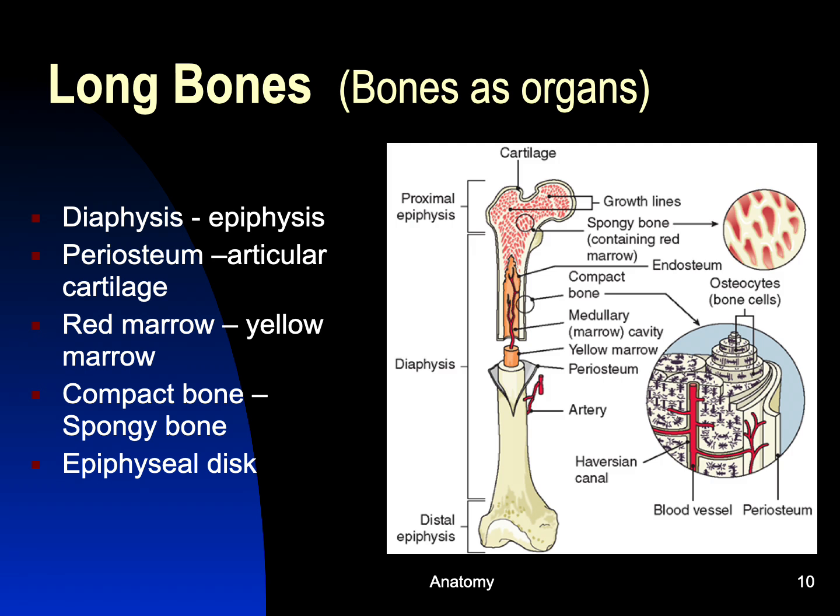It's a tube of mostly compact bone that has a hollow space inside it that's filled with yellow marrow, which is basically adipose tissue. The diaphysis is wrapped by a connective tissue membrane called the periosteum. That covers the outside surface of the bone, the entire surface.